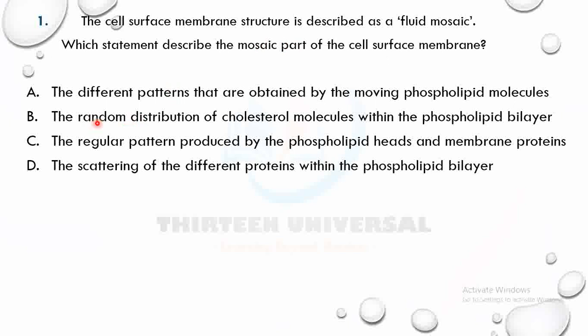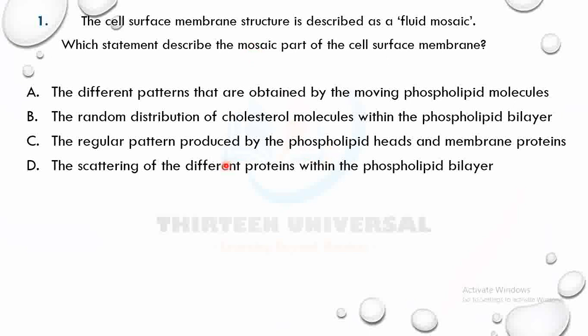B says the random distribution of cholesterol molecules within the phospholipid bilayer. Mosaic talks of protein, not cholesterol. C says the regular pattern produced by the phospholipid heads, and that pattern of distribution is only for protein when we deal with mosaic, not for phospholipid.